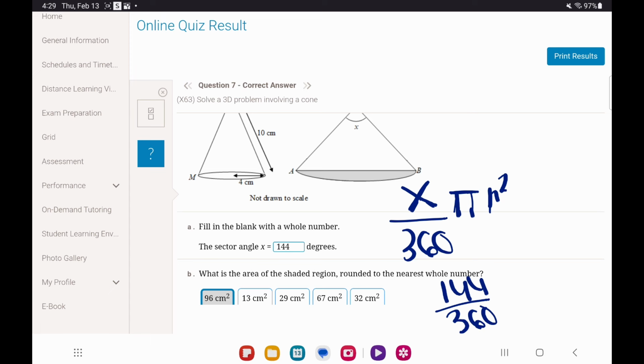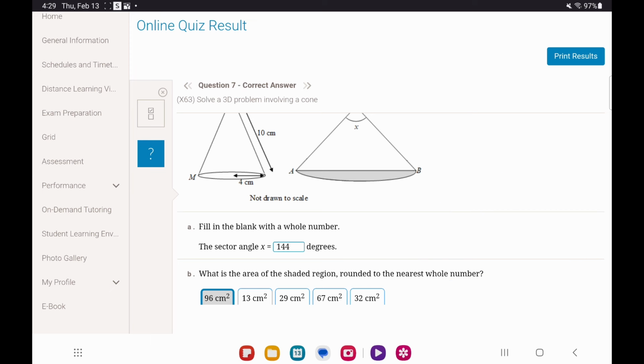R squared is 10 squared, so 100, so times 100 pi, you get 40 pi. Now we have 40 pi minus the number we had from before, 29.389.